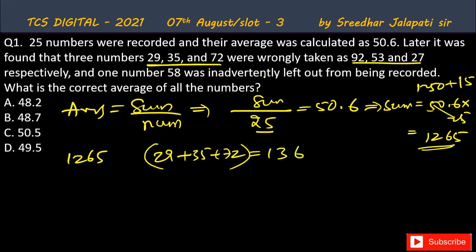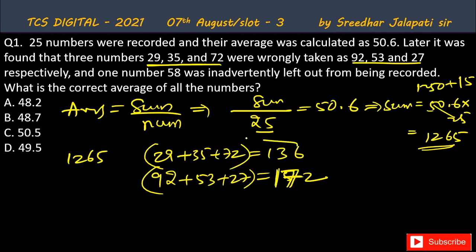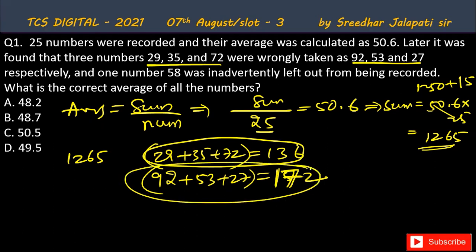These numbers were wrongly taken as 92, 53 and 27, and the sum of these numbers is 172. So they are supposed to take these numbers, but wrongly they have taken these. Because of the wrong numbers, they considered 36 extra, which they are not supposed to consider.